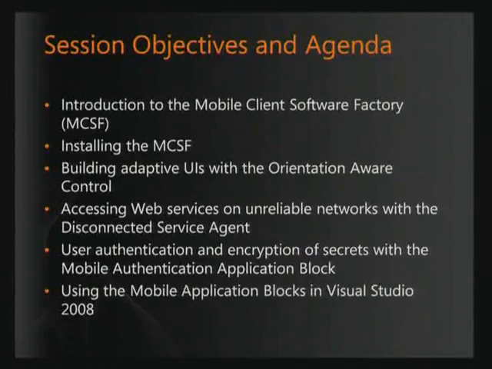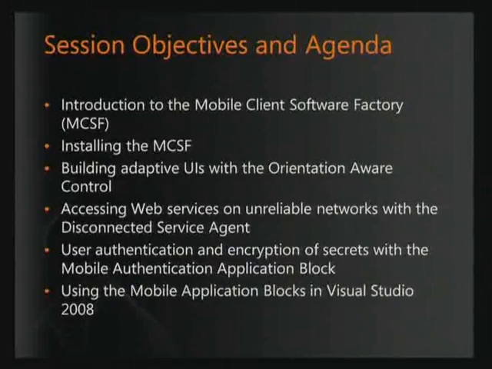The topics I'm going to cover are the orientation-aware control, and how you can access web services over intermittent connection networks. One fact of life we always have with mobile application development is that you will not always have a reliable network connection. Mobile devs have known about this for years, but interestingly, if you've been to any of the sync services talks of Steve Lasker and those guys, people are waking up right across the board to this problem of edge of the network devices and computers.